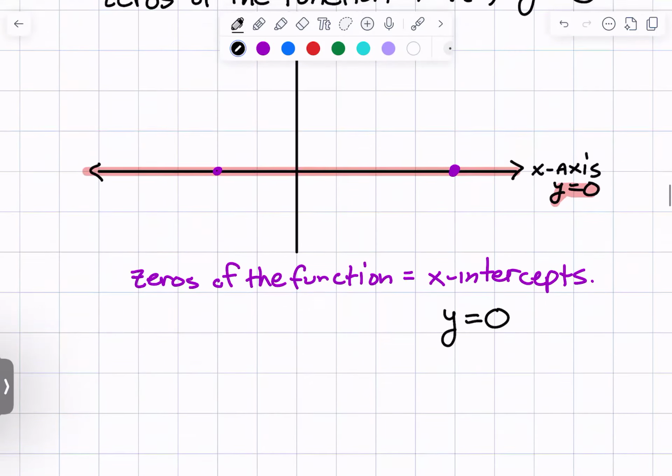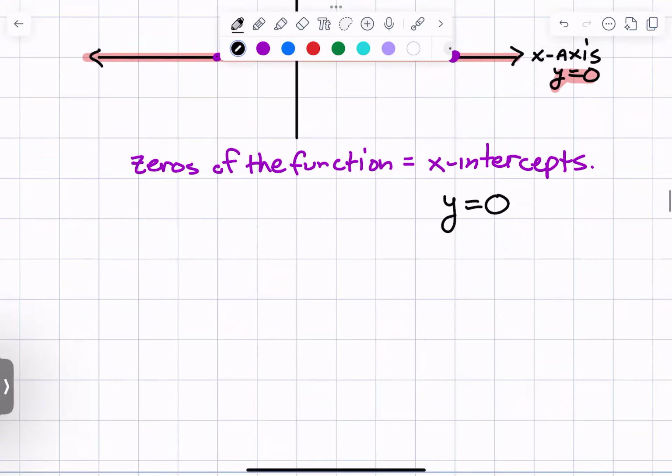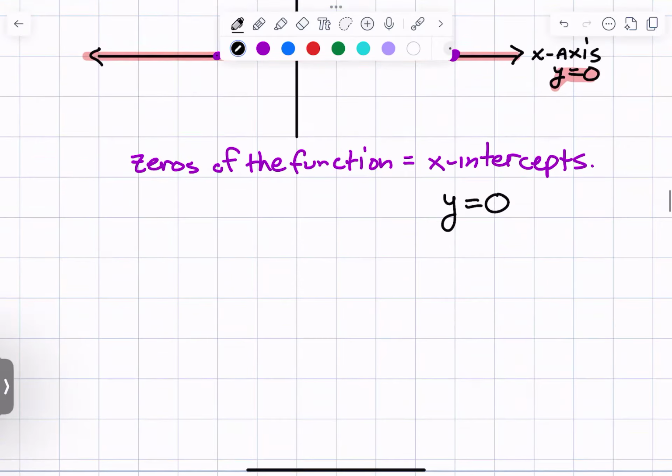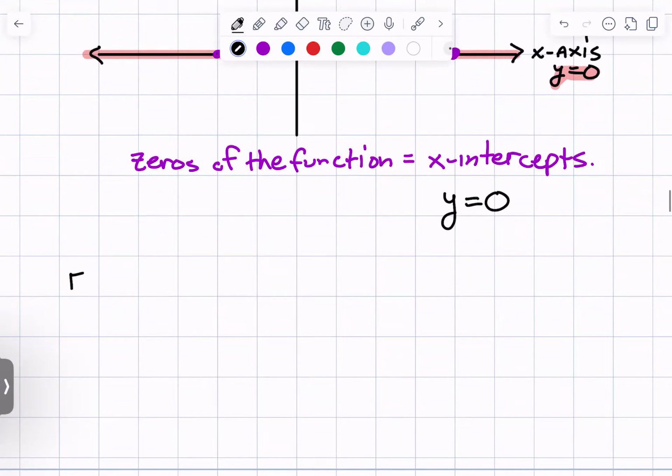Now, our last way that we're gonna graph, again, we talked about vertex form, we talked about standard form. Now we're gonna get into factored form. Factored form, it looks something like this.